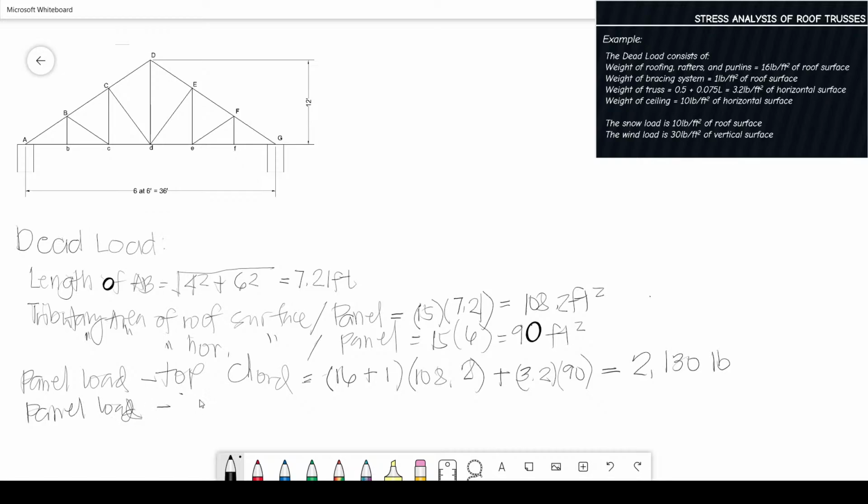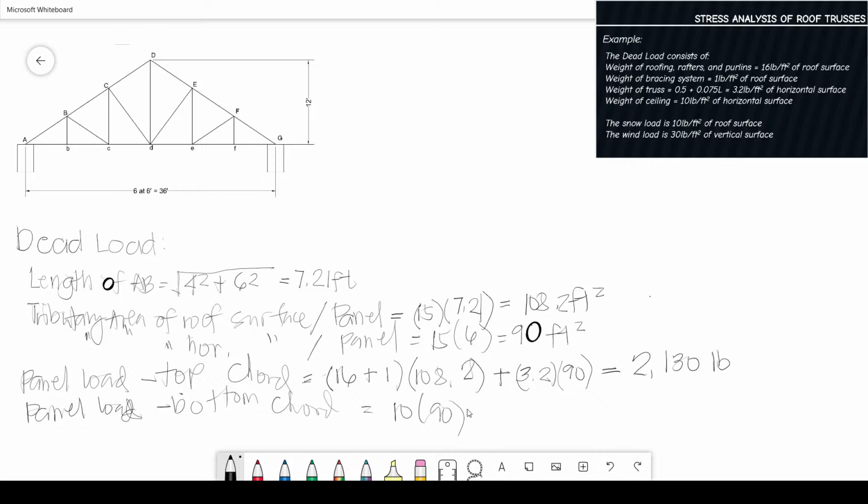Then, for the panel load in bottom chord. Bottom. That is given, 10 times 90. That is the weight of ceiling.